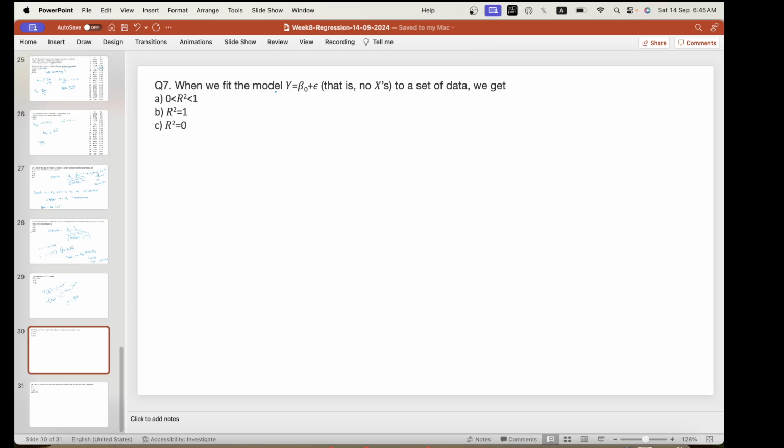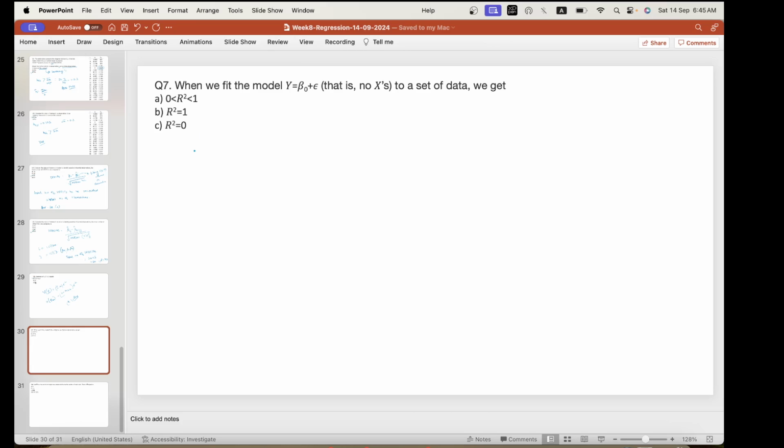When we fit the model y equal to beta naught plus epsilon, that is, with no x's, to a set of data, we get how much? So R square is what?